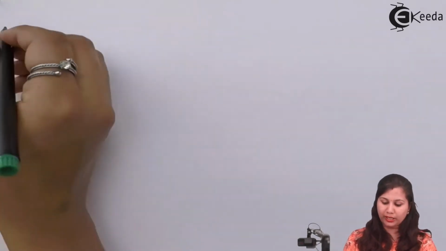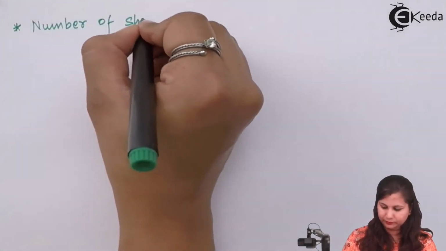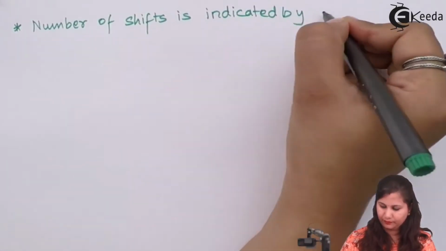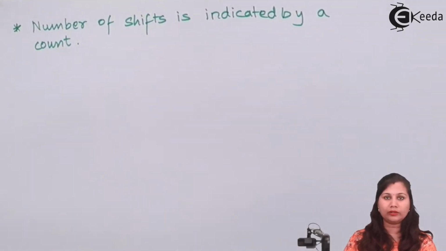We can shift that number many times. The number of shifts is indicated in the instruction itself, given by a count value.